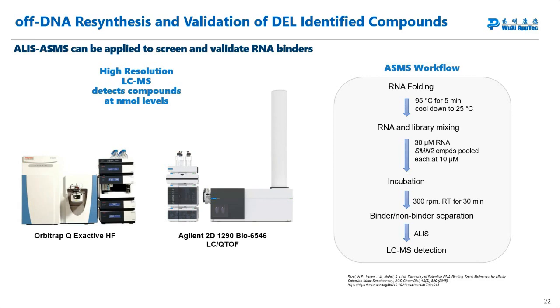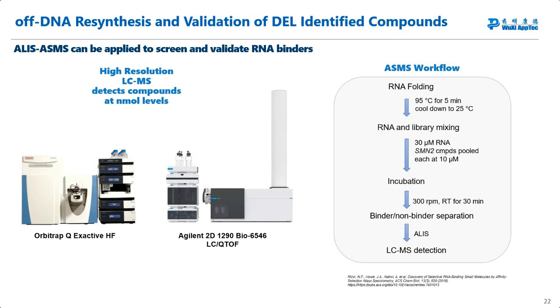And we have Orbitrap Q and Agilent high-resolution mass spec that can detect and identify multiple compounds even when there are minor differences in their masses and when they are present in low concentrations. With these machines, our compounds can be pooled together and screened against the target at the same time.